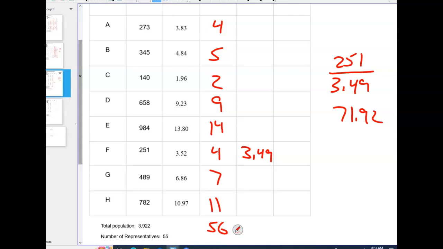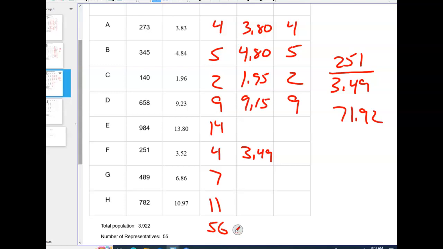So 273 divided by 71.92 is 3.80, and that rounds to 4. 345 divided by 71.92 is 4.80, and that still rounds to 5. 140 divided by 71.92 is 1.95, and that still rounds to 2. 658 divided by 71.92 is 9.15, and that still rounds to 9.